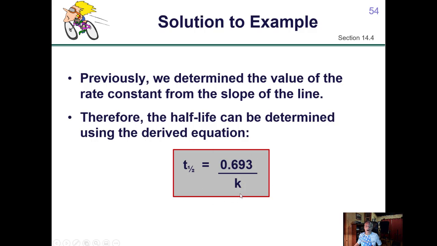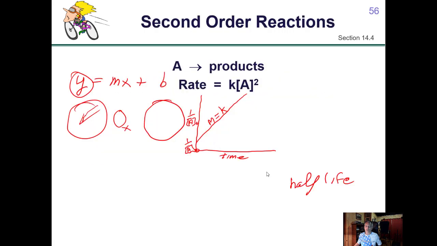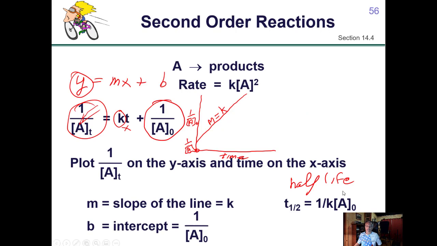There's no concentration. We are concentration independent for a first order only reaction, which is different from the half-life equation for a second order reaction. Let me rewrite that so that it looks a little bit easier to read. That's 1 over k, the rate constant, times the concentration of A.